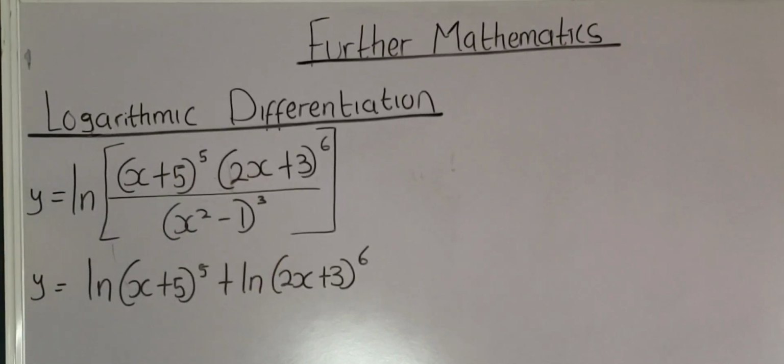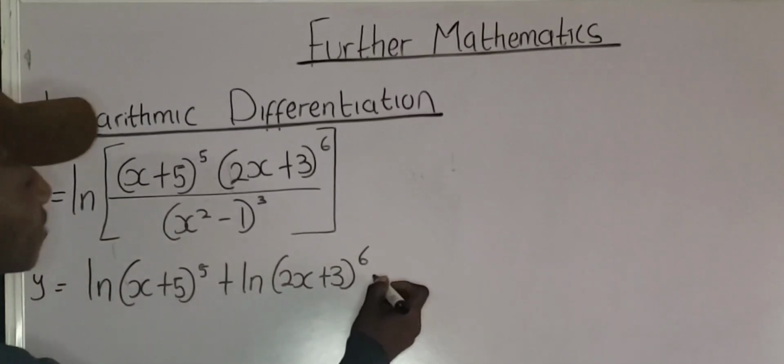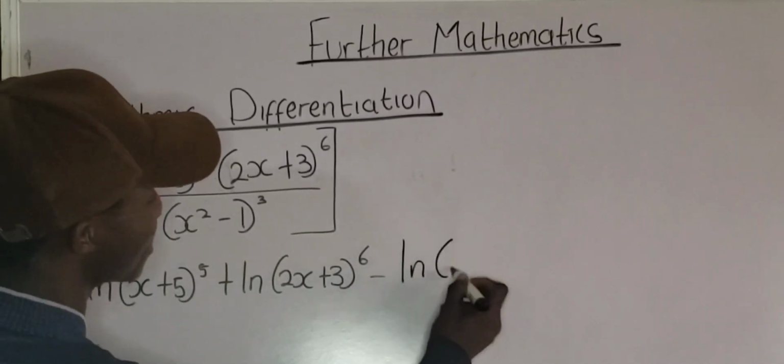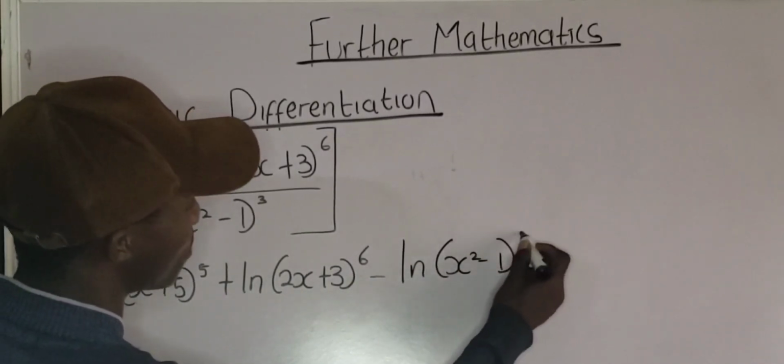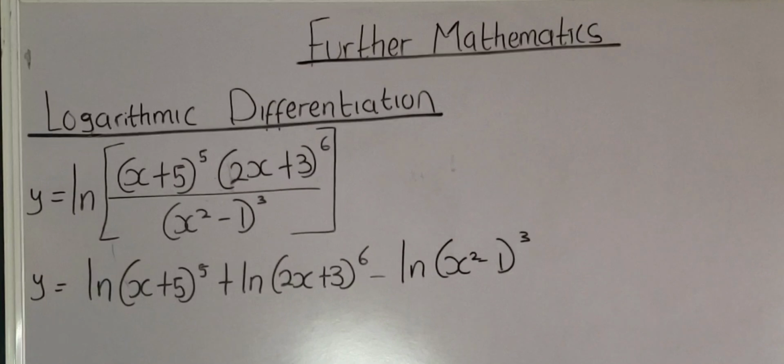According to what we discussed in our previous class, the quotient of a natural log is the difference of the logs. You understand? So for this, I'm going to have negative ln (x squared minus 1) raised to the power of 3. Do you understand? So let us proceed.